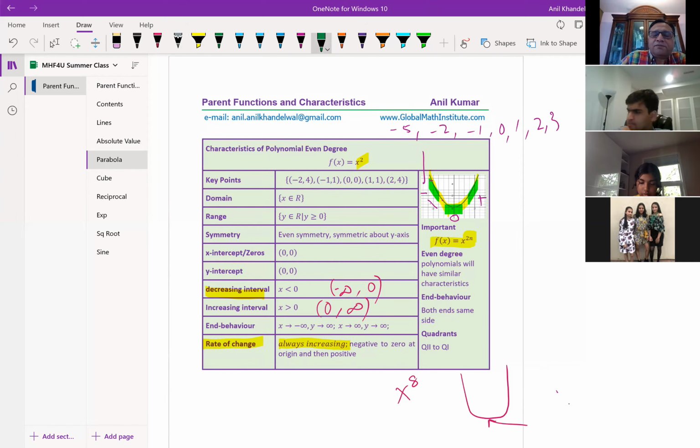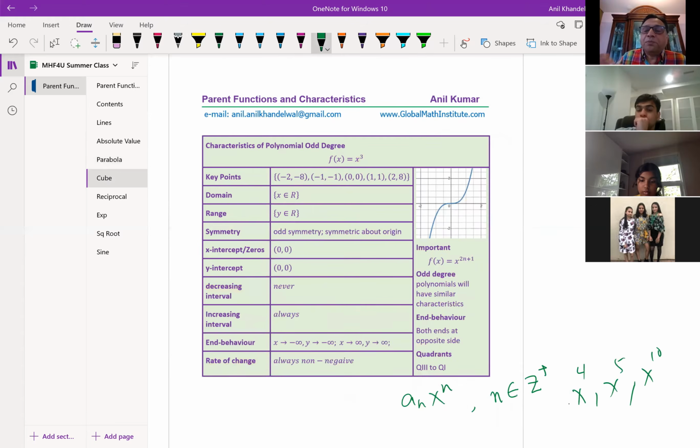If I have a graph of, let's say, x to the power of 4, it will be not that broad. Do you understand? I'm just trying to show here that this broadness will be more if the power is higher. Is that clear to you? But they will be similar. So any even power polynomial, highest degree, will have this kind of characteristics, which is for a parabola. Is that clear to you?